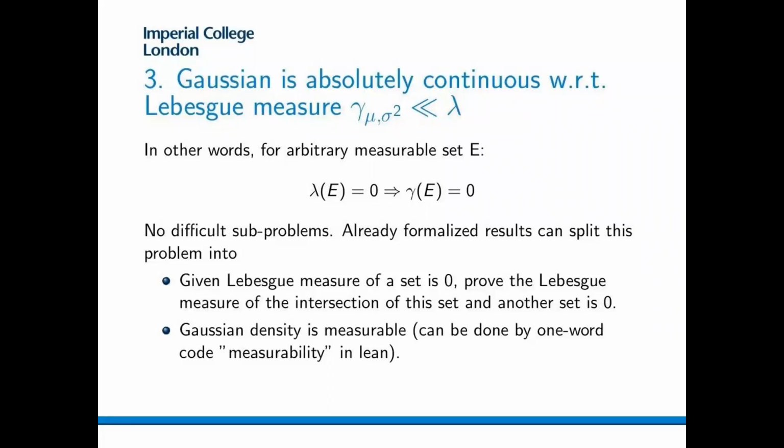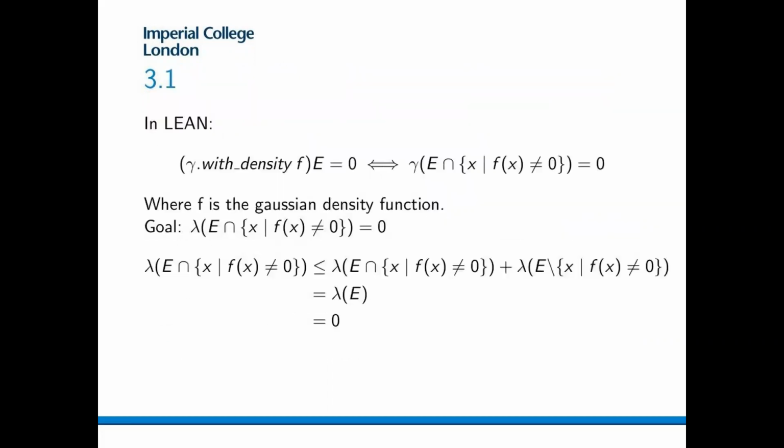The other is, if we are given that the Lebesgue measure of the set E equals 0, we need to prove that the Lebesgue measure of the intersection of that set and the other set still equals 0. The math proof is displayed here, and I think these are easy to understand.